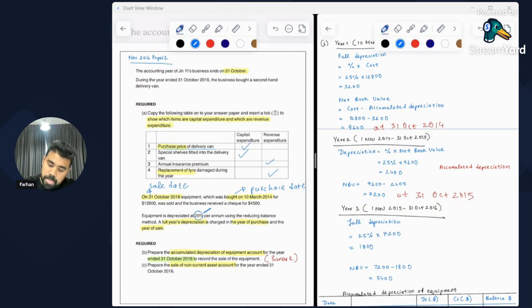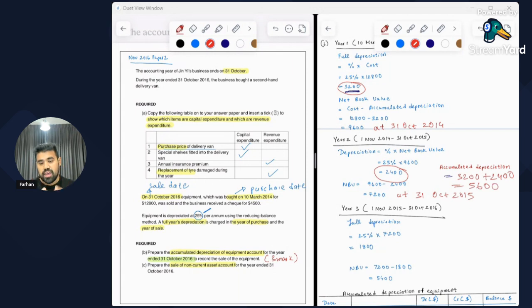In year 1, we calculated a depreciation of $3,200, plus in year 2, a depreciation of $2,400, which altogether gives us an accumulated depreciation of $5,600 for years 1 and 2 combined, right?